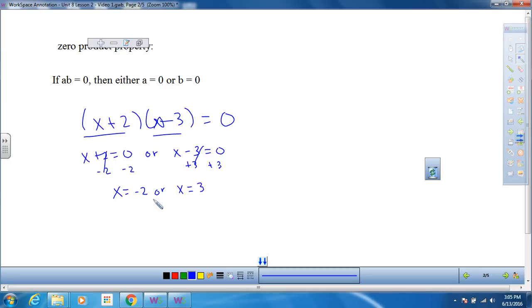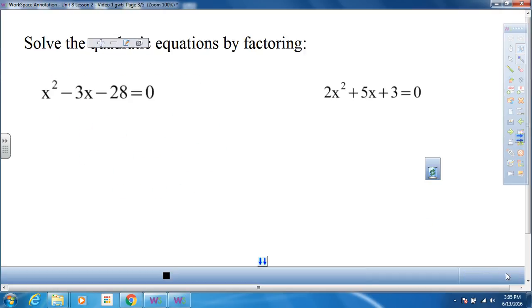So there's my two solutions. Basically it's just going to be the factoring like in Unit 7, but once we get here, we solve. We set each piece equal to 0.